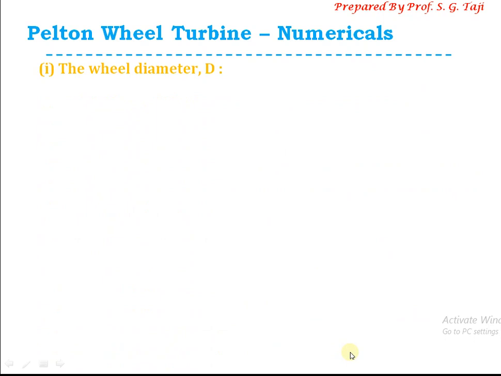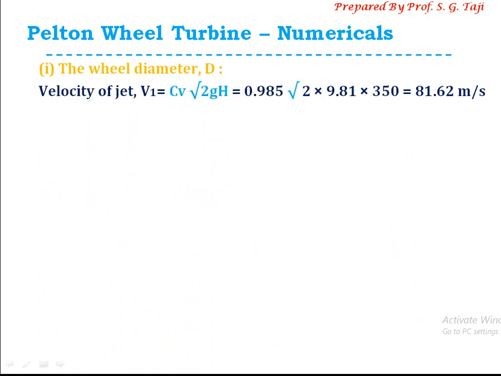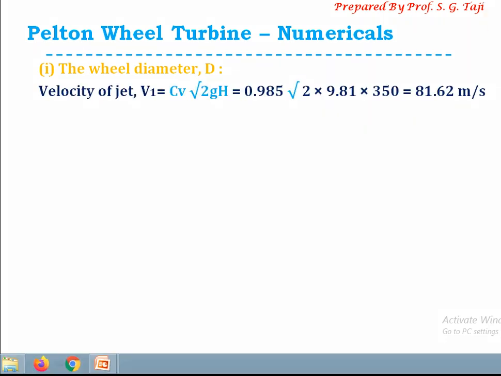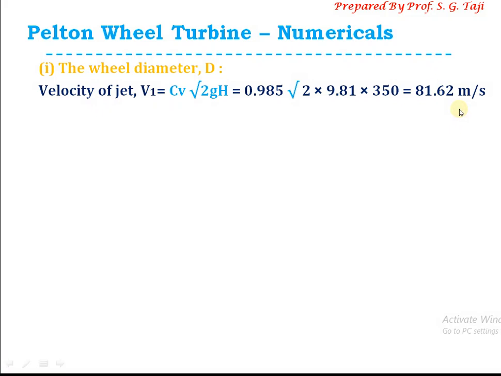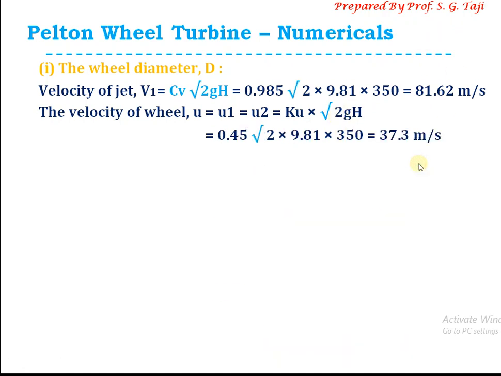So first we calculate V1, which is given by Cv under root of twice gH. Here H is given, Cv is given, so you can compute V1 equal to 81.62 meters per second. Next, calculate U, which is given by the equation Ku multiplied by under root of twice gH. Here my value of U is 37.3.